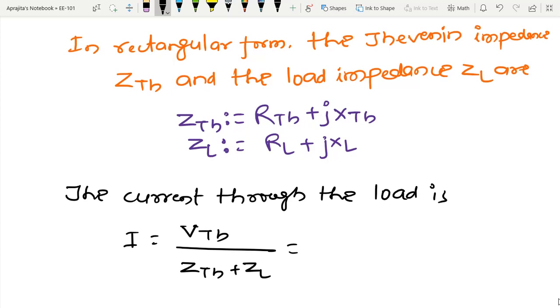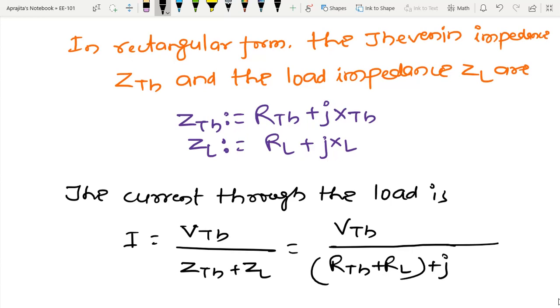That is equal to VTH, and I am going to collect all real parts together and imaginary parts together: RTH plus RL, plus j times XTH plus XL.